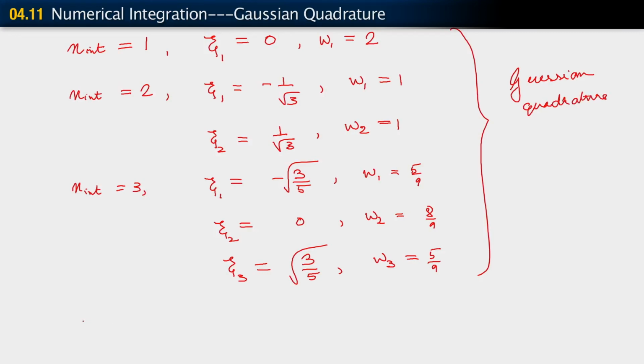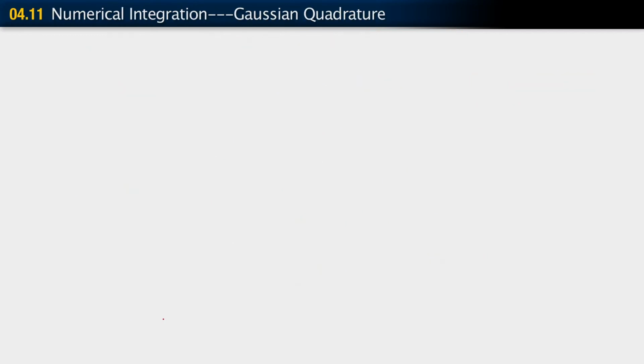And it goes on. We can write out rules for any order of n int. I mentioned that Gaussian quadrature is optimal.